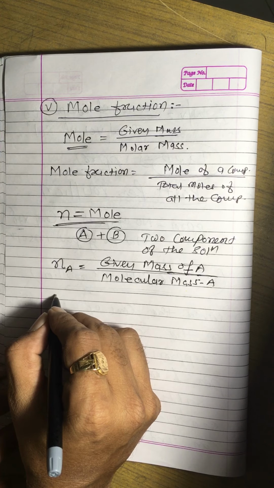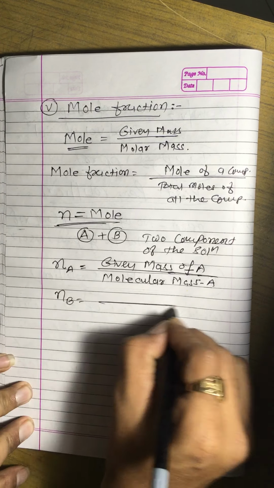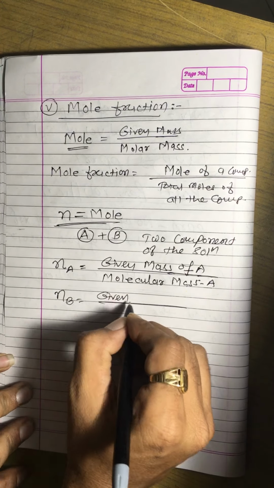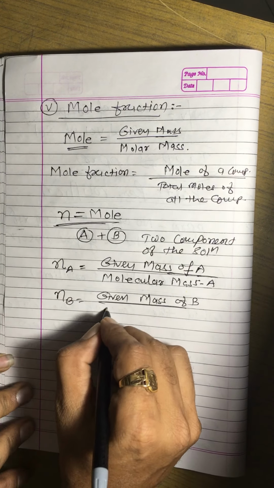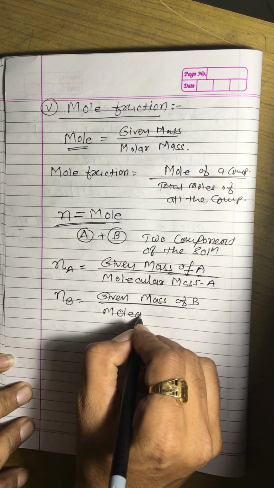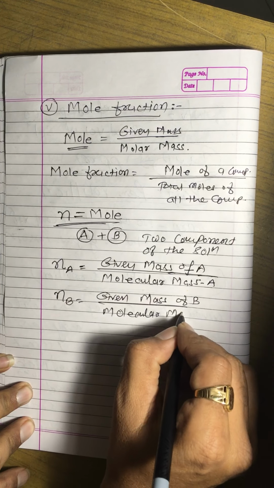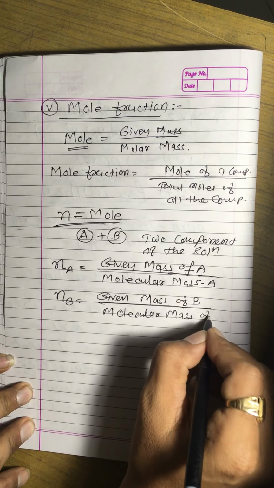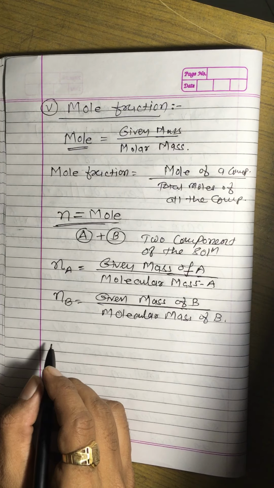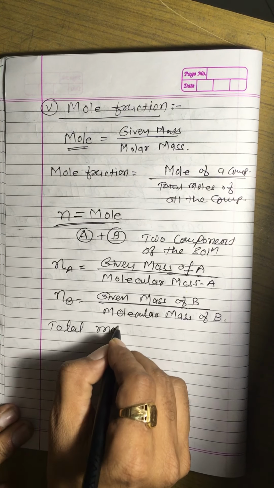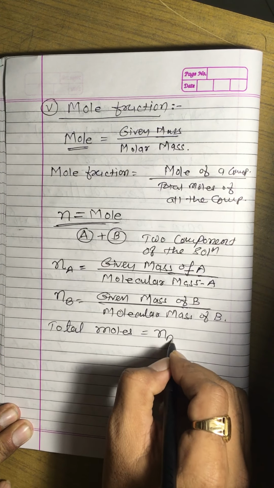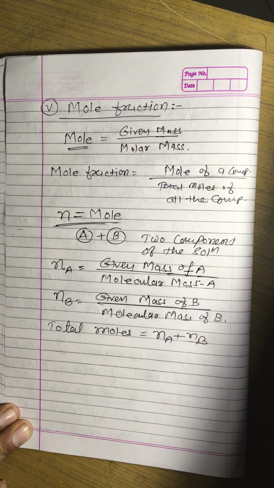Then Nb is the given mass of B upon the molecular mass of B. After finding this, you have to find total moles, that is Na plus Nb.